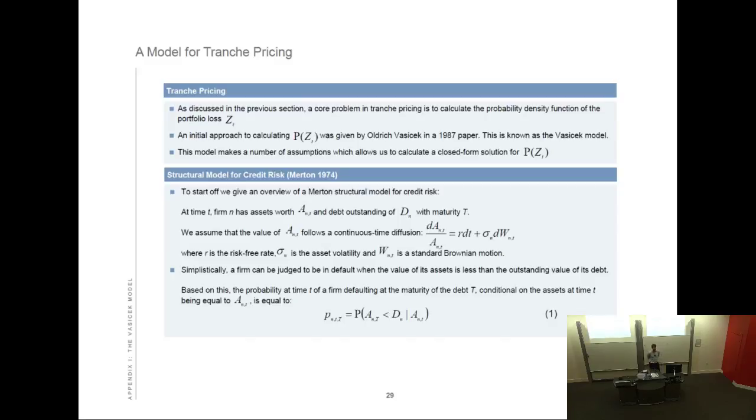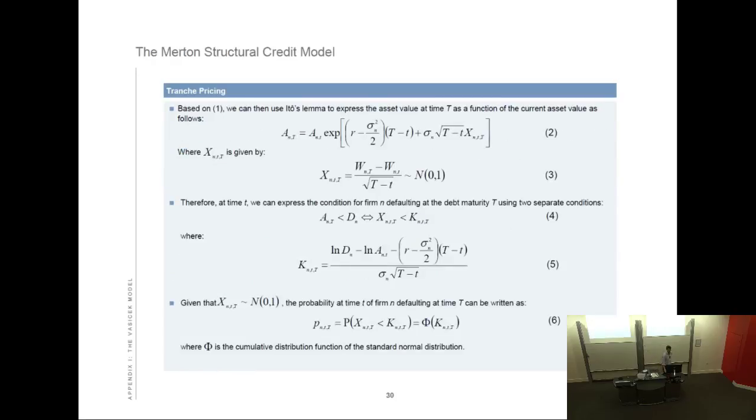And what is a reasonably decent assumption for asset price processes? Something with a diffusion, something normally distributed, maybe log normal, is probably not a bad idea. And then let's say we model default as the time when our asset process falls below the debt. So if we assume that asset prices are log normally distributed, we can translate that statement in a pretty straightforward way into a closed form function for the probabilities of default for an individual name.